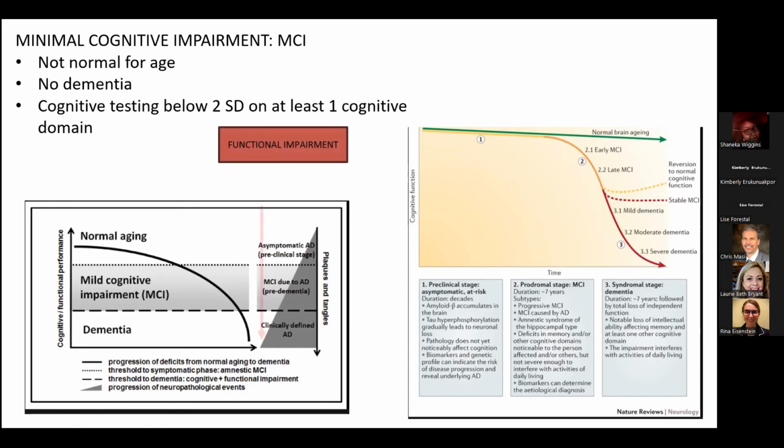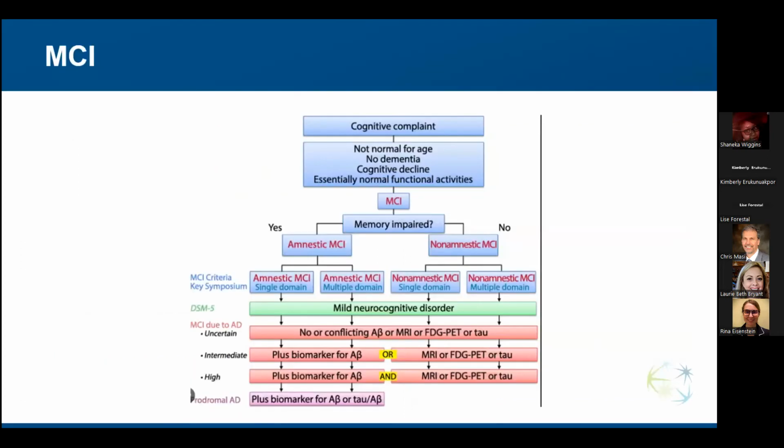That's why my diagnosis is MCI, okay? So going back to the chart of MCI, the patient has memory impairment, yes. So I call this amnestic MCI. There are other cognitive domains affected, yes. So we call this amnestic plus or multi-domain amnestic MCI.